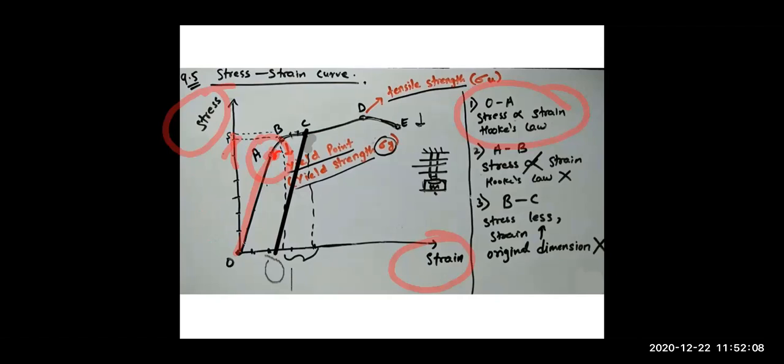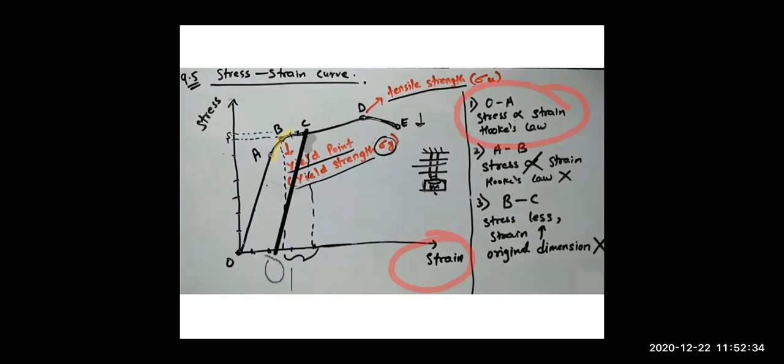That is, the strain reaches point B, that is AB. Here you can see that AB is not a straight line, right? As AB is not a straight line, the stress is not proportional to strain, and so in this region, region AB, Hooke's law is not obeyed.